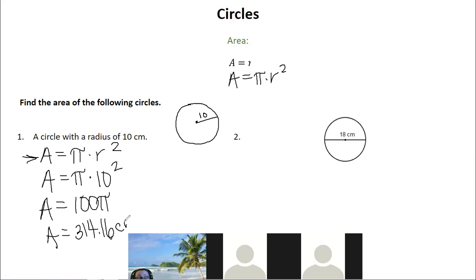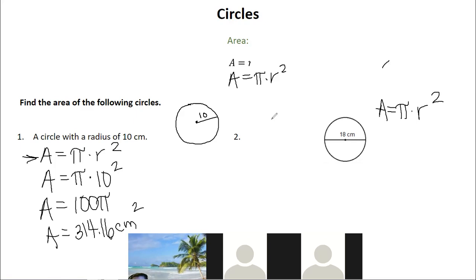And it'd be centimeters squared. Nice. What do I have to do to number 2 first in order to find the area there? What am I going to have to do there? Because I need to take the radius, square it, and multiply by pi.